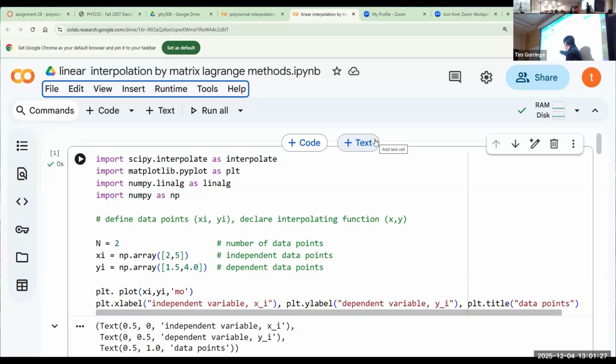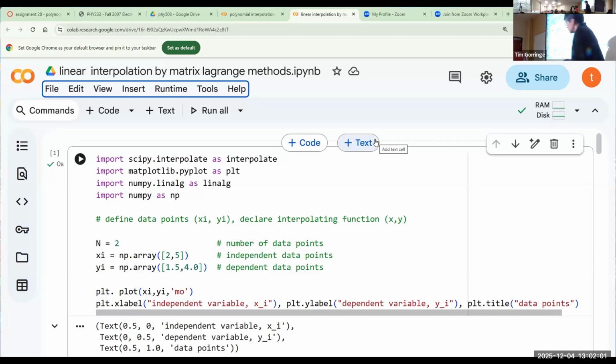Anyway, I'm going to work with two data points here, and I'm just going to pick arbitrarily for this example the values of the dependent and independent variables for these two data points. So I picked a point that is 2, 1.5, my 0 data point, x and y values, and 5 and 4 for my second data point.